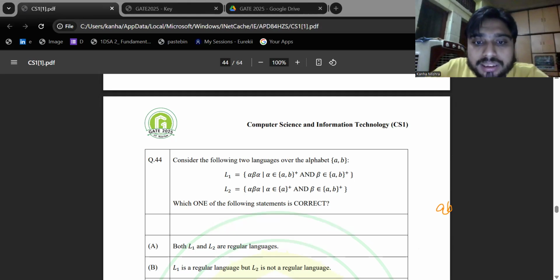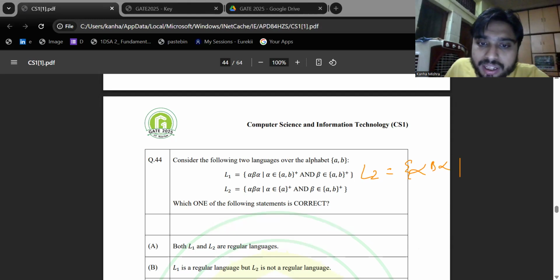Okay, language L2. Let's understand that. So L2 is alpha, beta, alpha, where alpha belongs to a plus and beta belongs to {a, b}+.